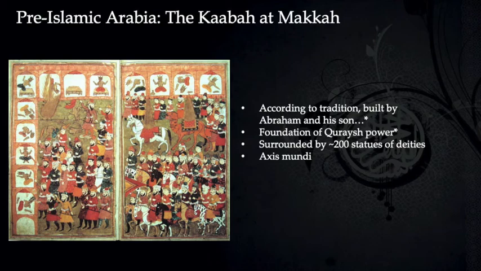Now, by the time that the Quraysh came to power, the shrine itself became the keystone of their power. Because what they did is they filled the interior of the shrine with statues of all the various deities they could think of. By rumor, there was even a statue of the Virgin Mary to appease Christians.